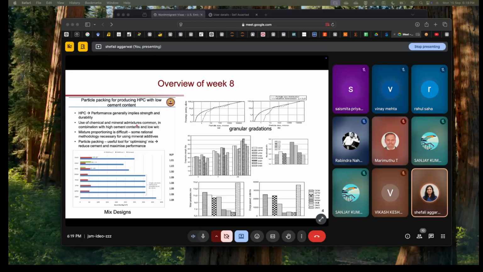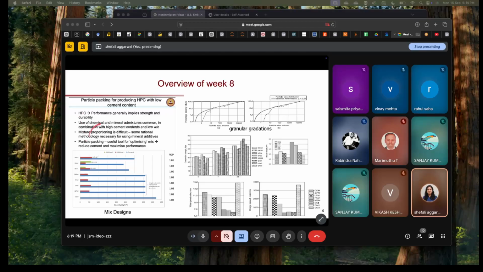Same way, if we talk about chemical admixture, say a superplasticizer, we are reducing the water content in our system. That way it will be more durable as well as having more strength. So to reduce the cement content and the water cement ratio, we will use chemical as well as mineral admixture both together to produce a good HPC concrete.